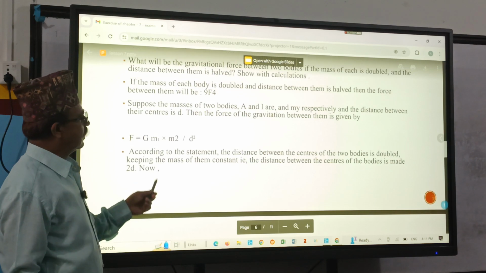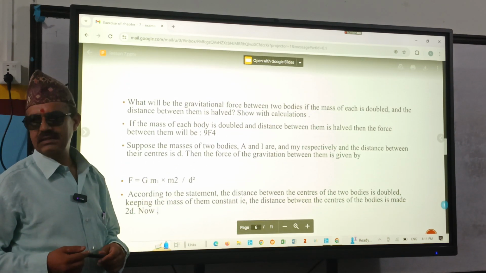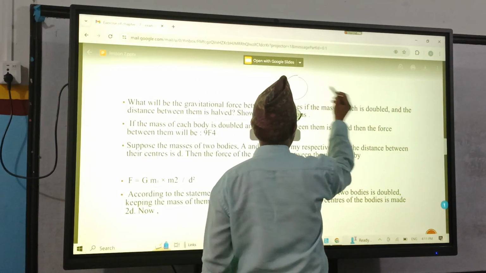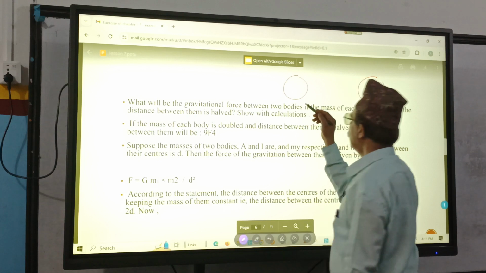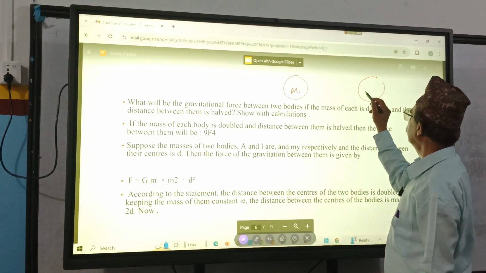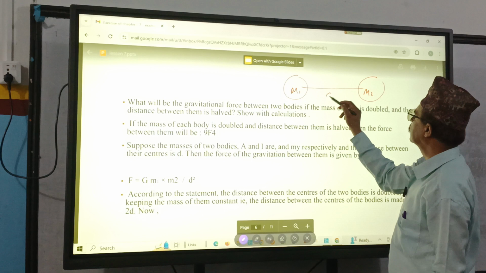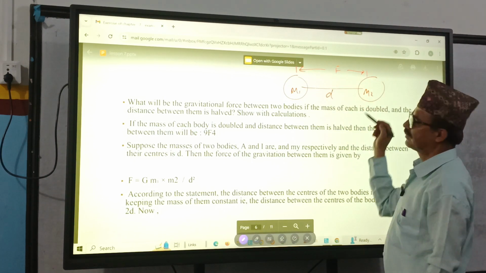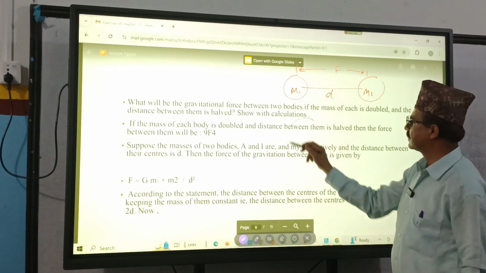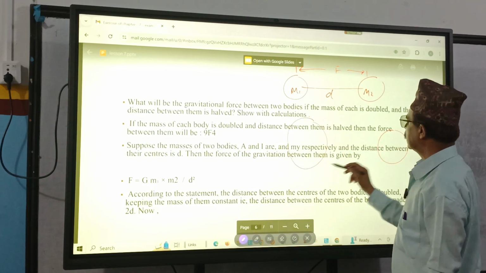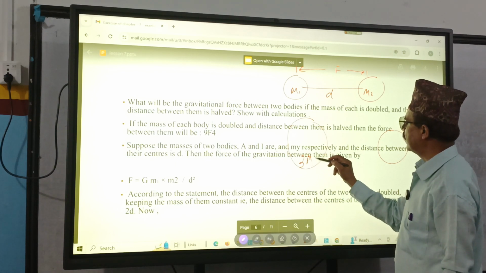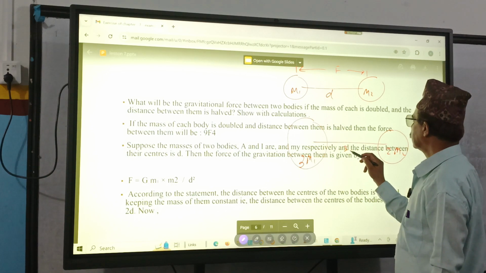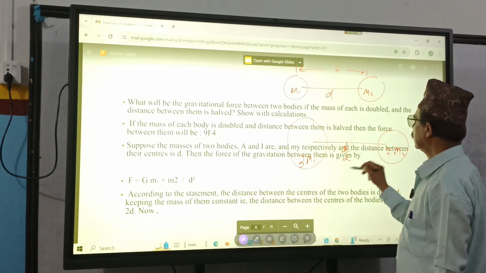One question was here. What change will be there if both mass and distance are changed? Then we can do one example. Suppose here are two bodies. The mass of the first body is m1, the second is m2. The distance between them is d. The force of attraction is F. But in the second case, the masses are 3m1 and 2m2, and the distance becomes d by 2.